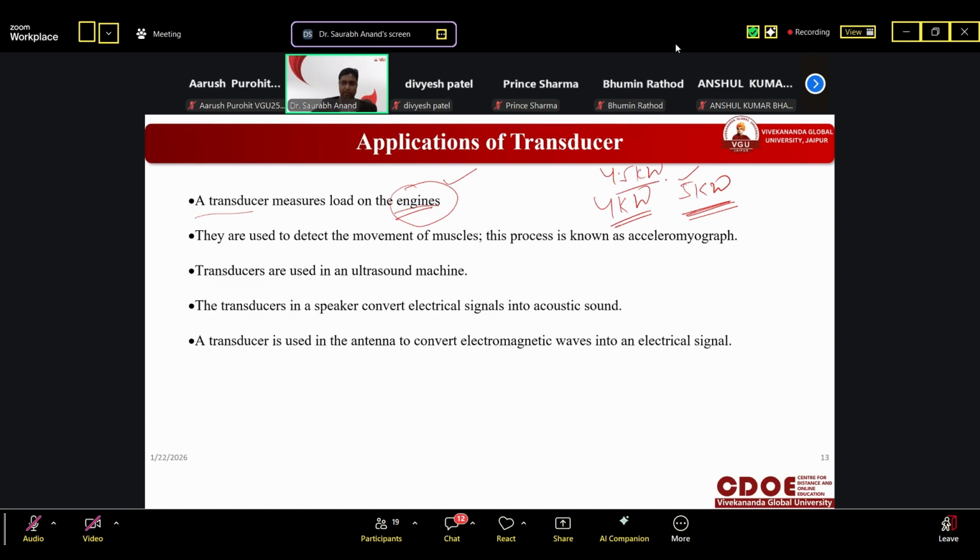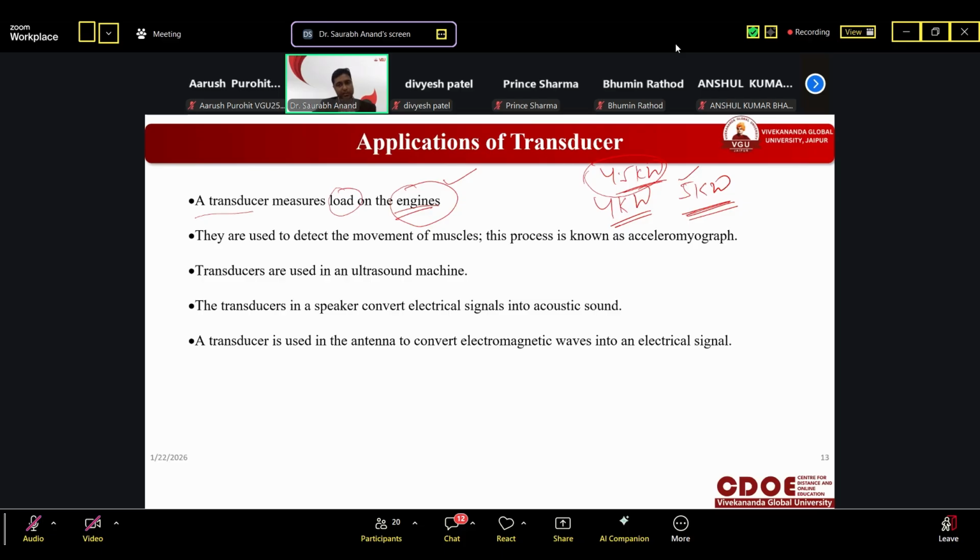Okay, because if we are applying more than this load on generator, it will not work properly, and there may be failure of the system. Okay, so we have to see the load continuously, whatever the load is there on the engine.